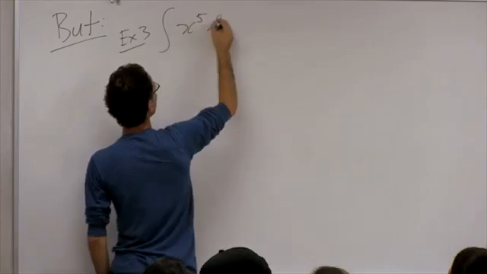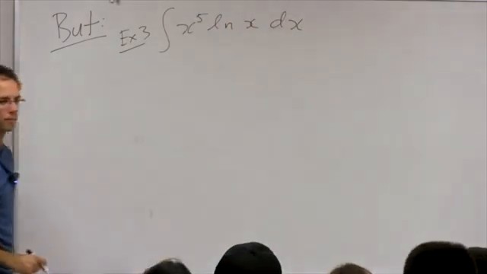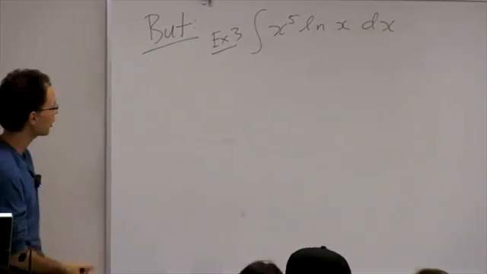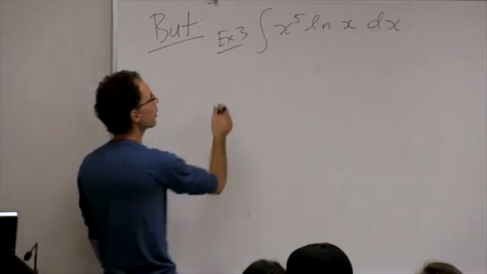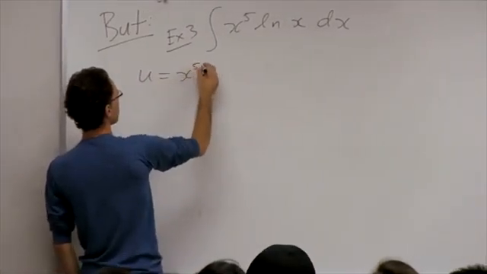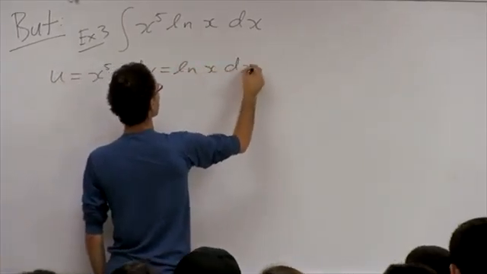Suppose you had an integral like this, x to the fifth natural log x. Okay, why did I write but here? Well, let's use integration by parts, but with the standard choice. u is x to the fifth, dv is natural log x dx.